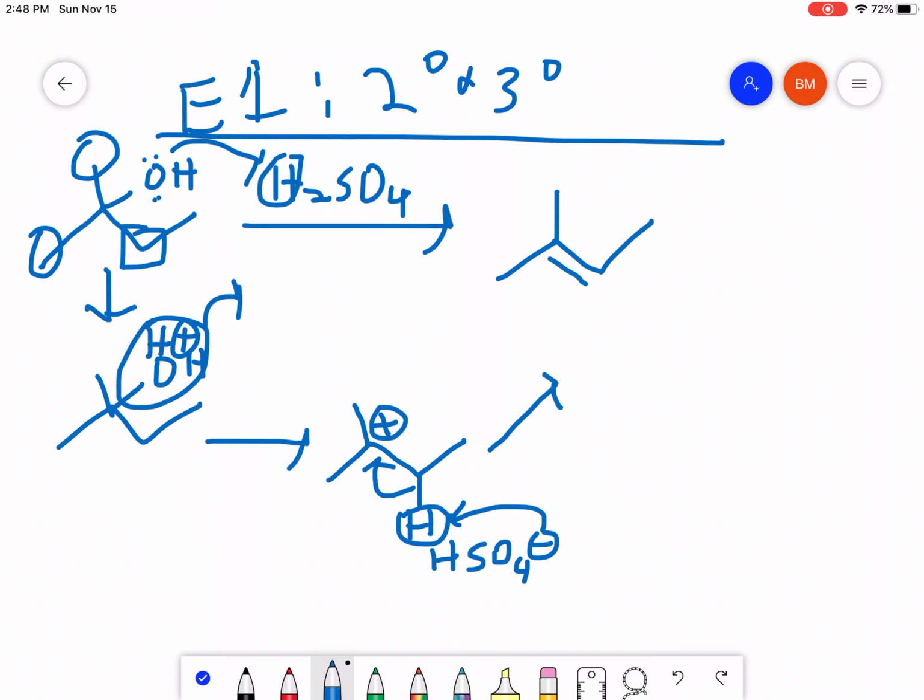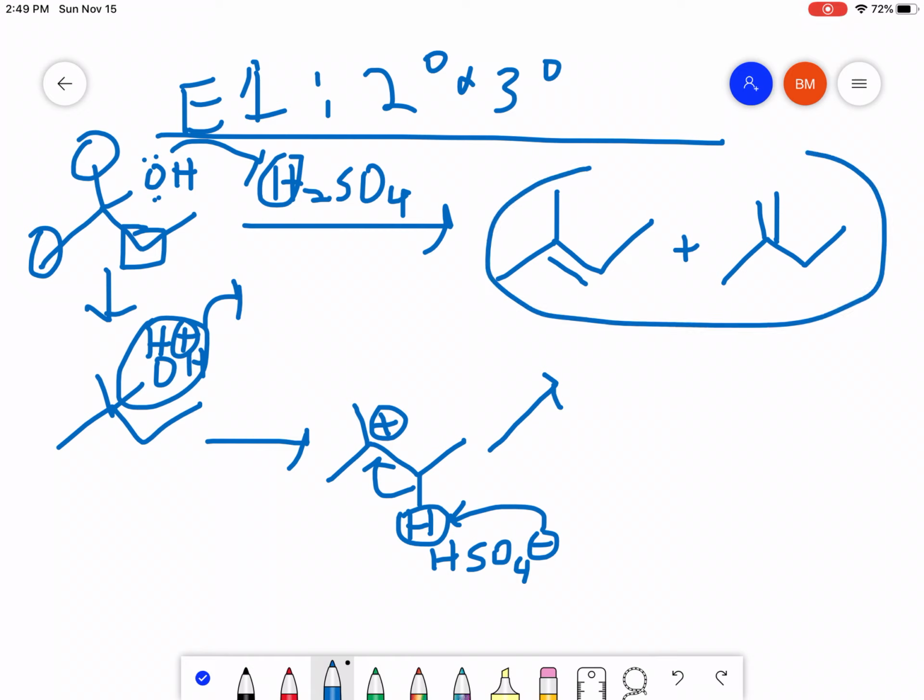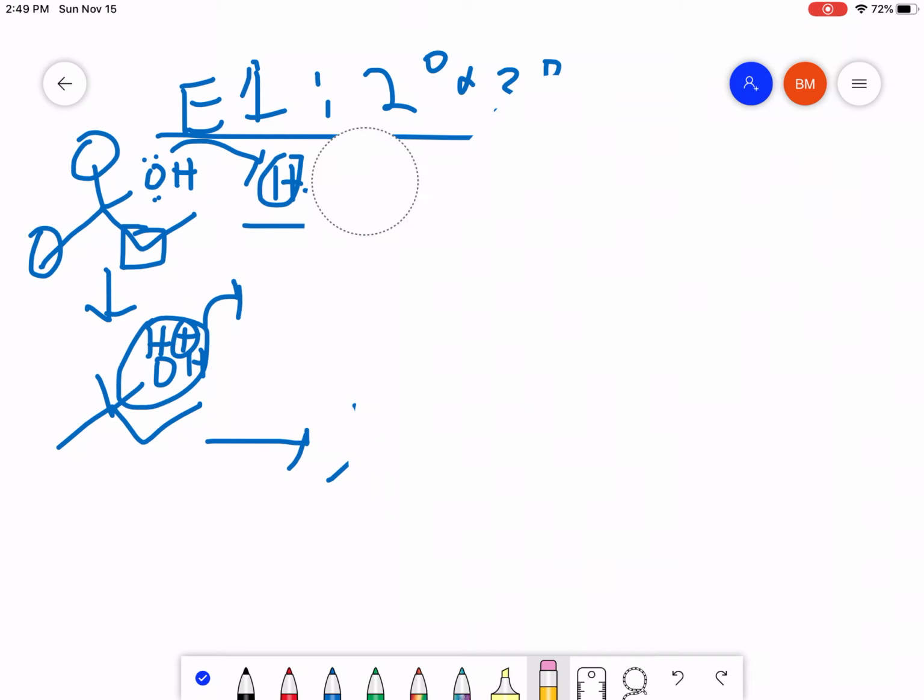So it's also possible, instead of plucking the beta hydrogen that we did in the representative mechanism, to target one of the other ones. So we could have also made this alkene as well, and we do. We make both of them. Just like before, we can identify major and minors. This one's more substituted, so it's going to be the major product. So always be sure to look for possible multiple types of beta hydrogens.